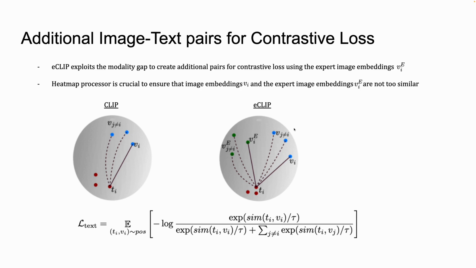But in eCLIP, since we have three different clusters, for each image and its text, we obtain two positive pairs, one from the image and text, and the other from the expert image and text, and we obtain four negative pairs. So this means that when we try to minimize the InfoNCE loss, we get better convergence trends compared to regular CLIP because there are more pairs available for optimization.